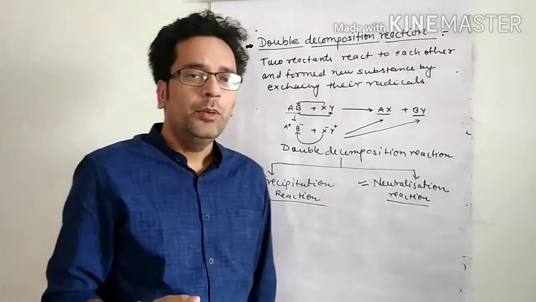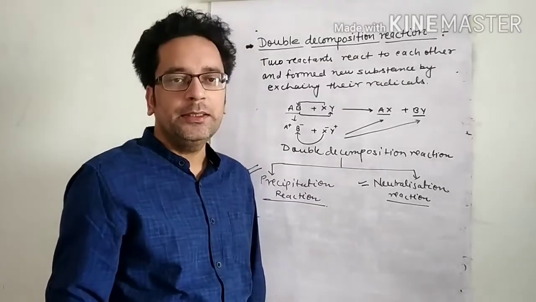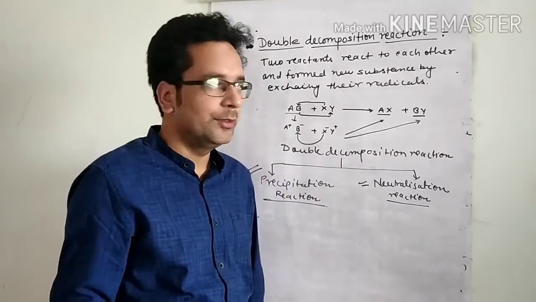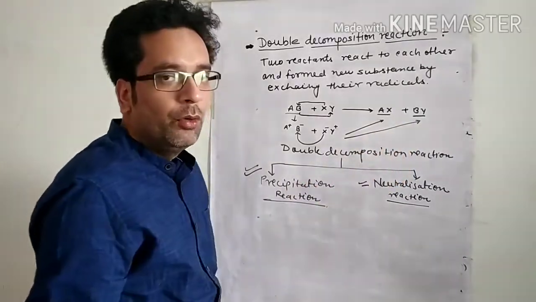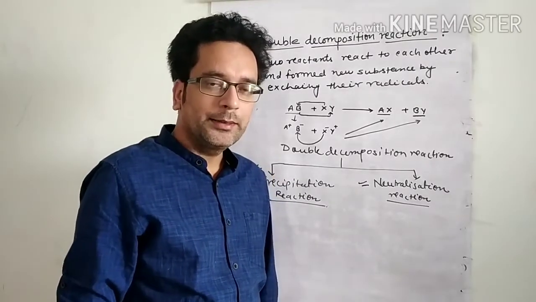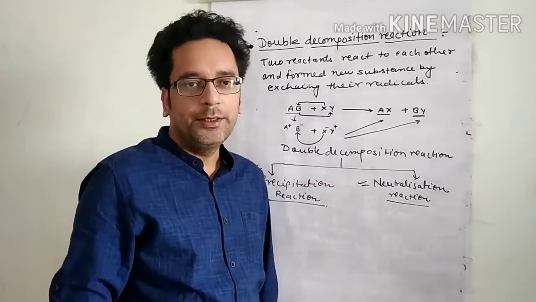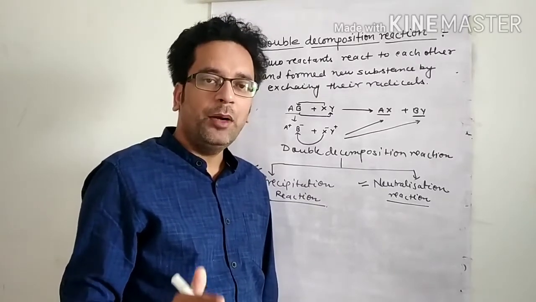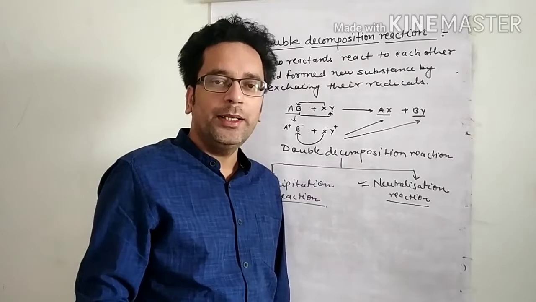Now precipitation reaction means formation of precipitate. Simply, two reactants react to each other and form two new substances. Out of the two new substances, one is soluble and the other is insoluble. Such reactions are known as precipitation reactions.